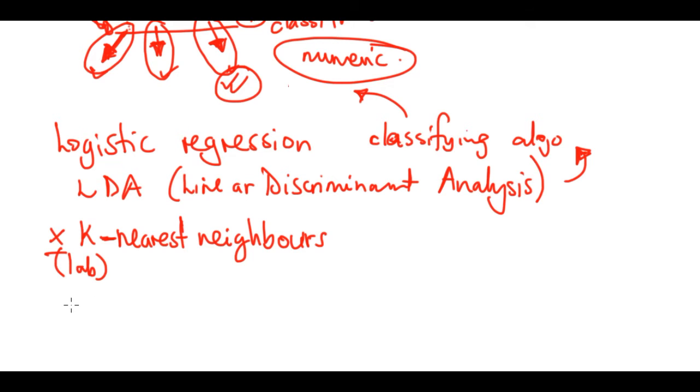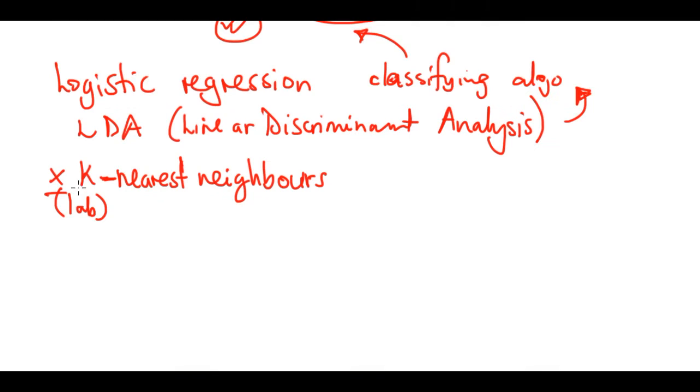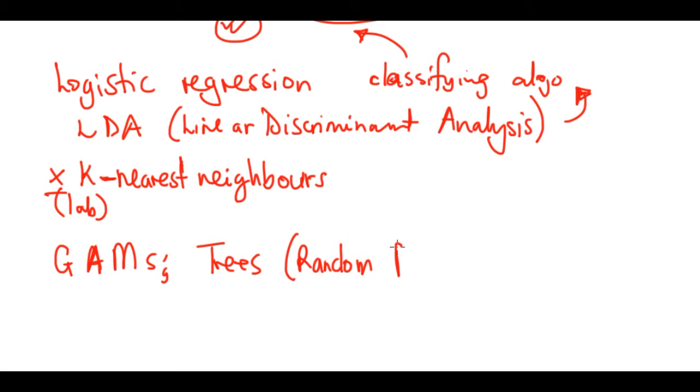Other ones that we'll discuss later on, not in this chapter, are GAMs, generalized additive models, and tree-based methods like trees and random forests.